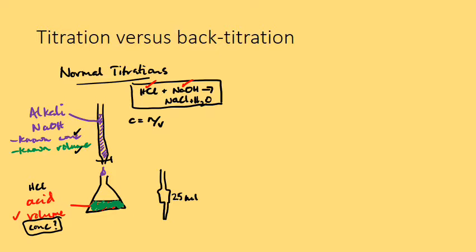So now you know the number of moles of acid, and you already know the volume of the acid. So from concentration equals moles over volume, you work out the concentration of the acid, which is what you were after. Okay, so that is a normal titration, a basic titration.